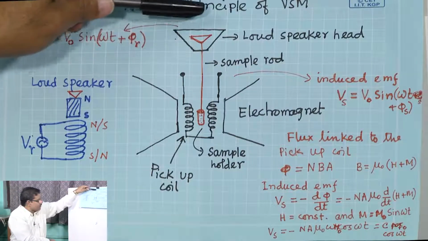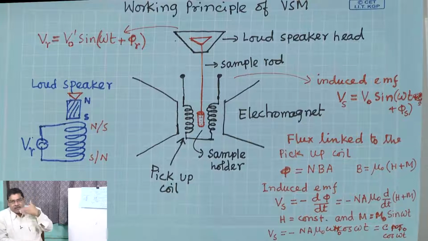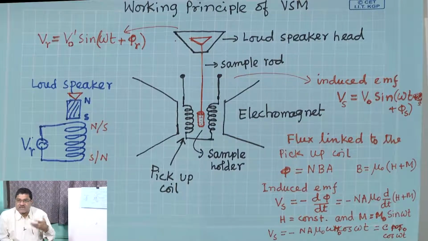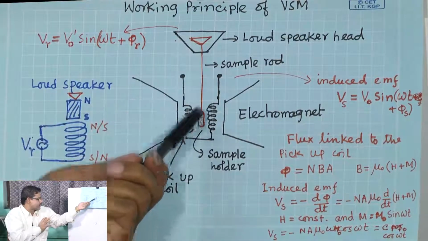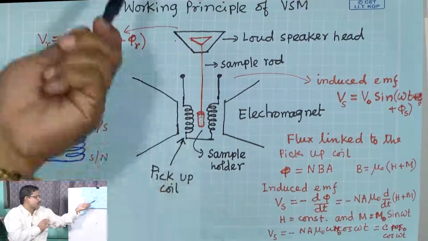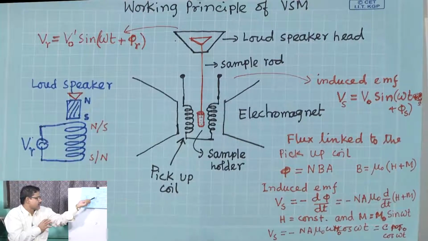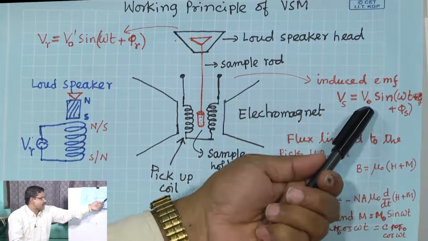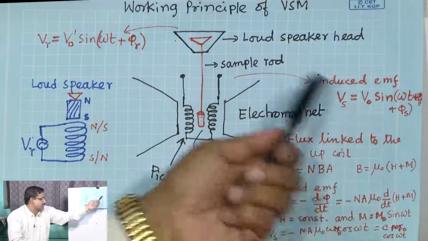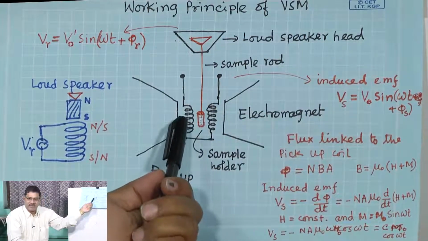So we are getting the louder sound. Exactly this we are using for our vibration of the sample. Based on that, we are getting this AC signal, which is related with the magnetization.